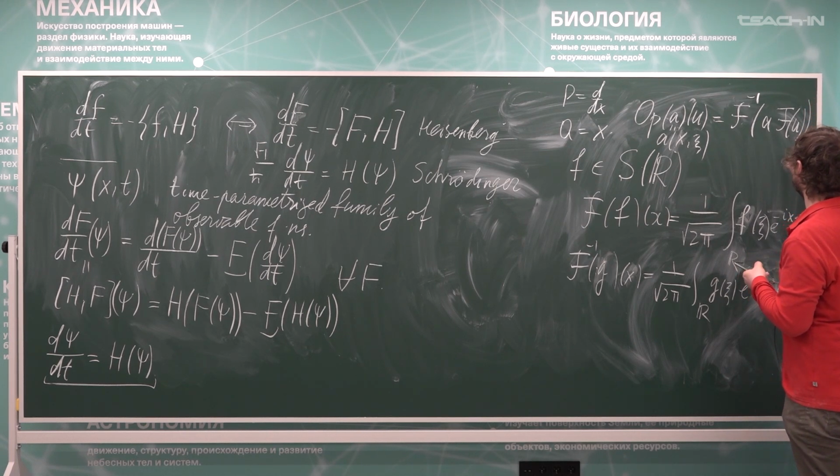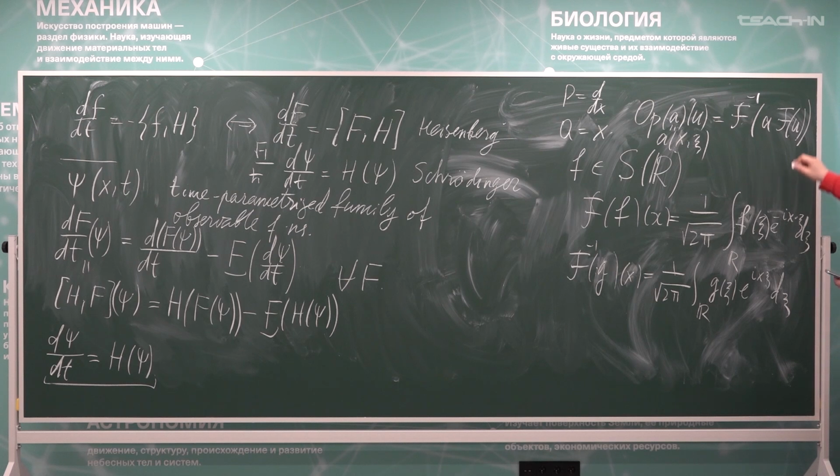First, you take the Fourier transform of u, then you multiply this Fourier transform by a, and then you take the inverse Fourier transform of the resulting function.